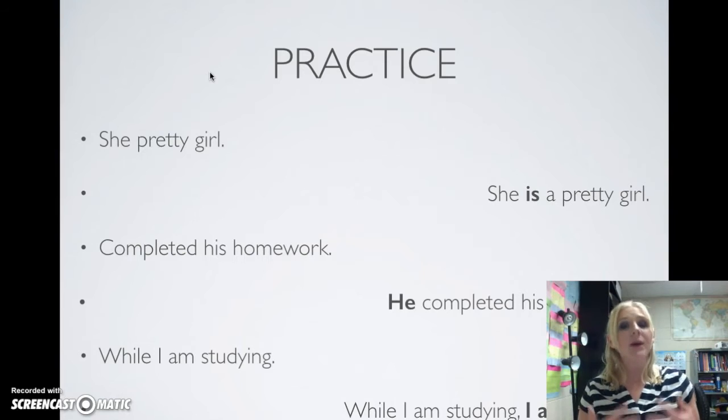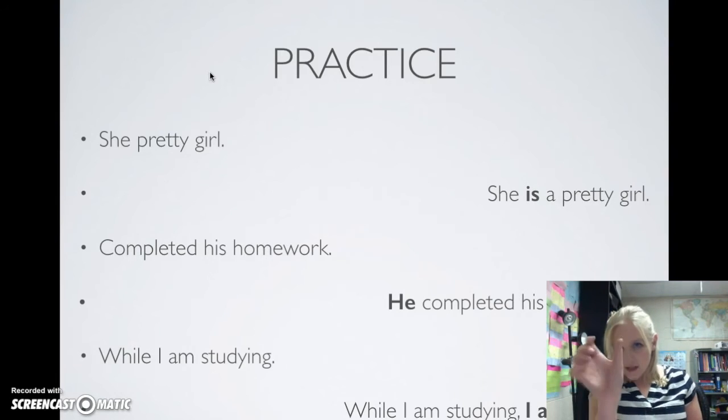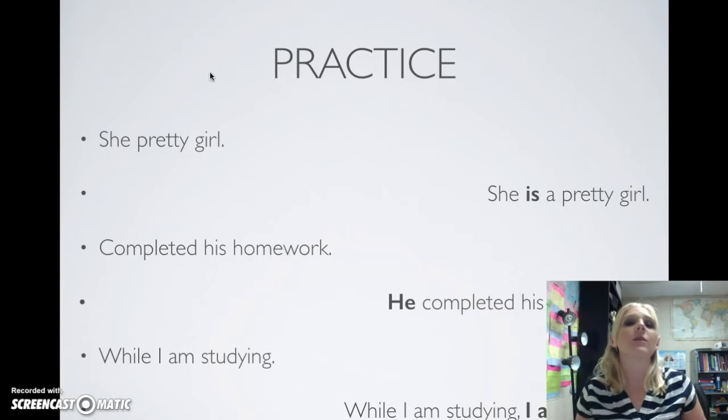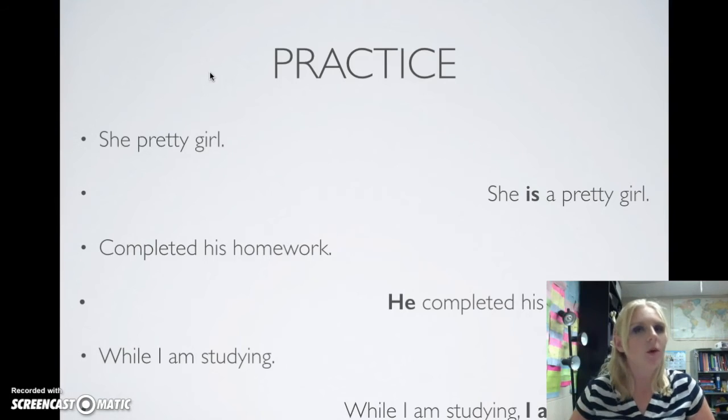And then the third one is a little bit more difficult because it looks like a complete sentence, but while, that word at the beginning, is called a subordinating conjunction. We'll talk more about subordinating conjunctions in the future, but if you put a subordinating conjunction at the beginning of a sentence, it takes that sentence and makes it need some help from other sentences.